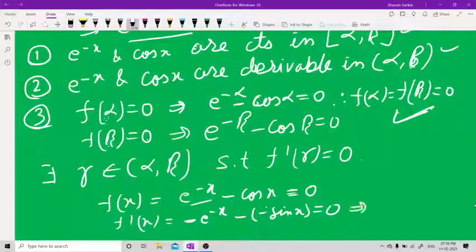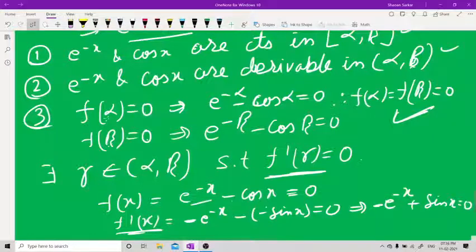This gives me minus e to the power of minus x plus sin x equal to 0, right? But here it is saying f dash gamma is 0. This is f dash x. Put gamma in place of x.